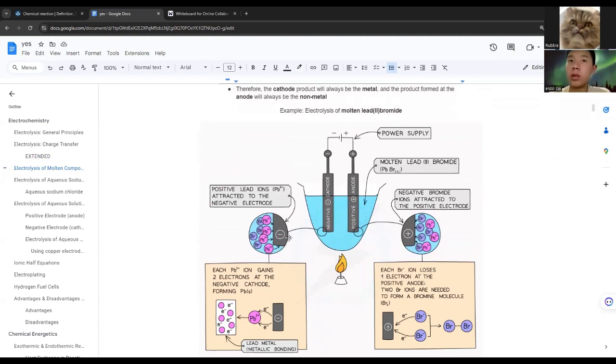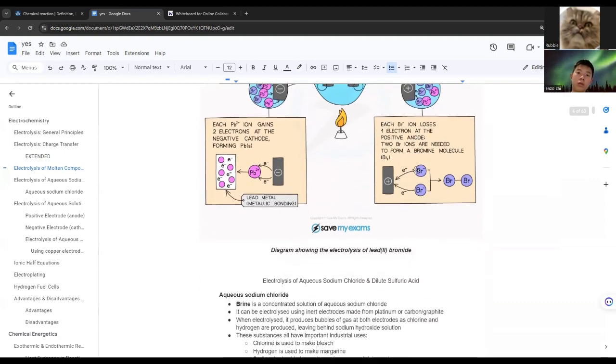So the positive lead ions are attracted to the cathode, which is the negative electrode, and the opposite here, bromide ions are attracted to the positive electrode, which is the anode.